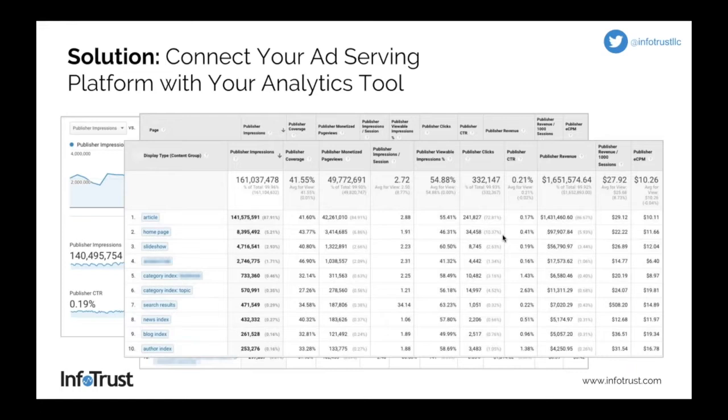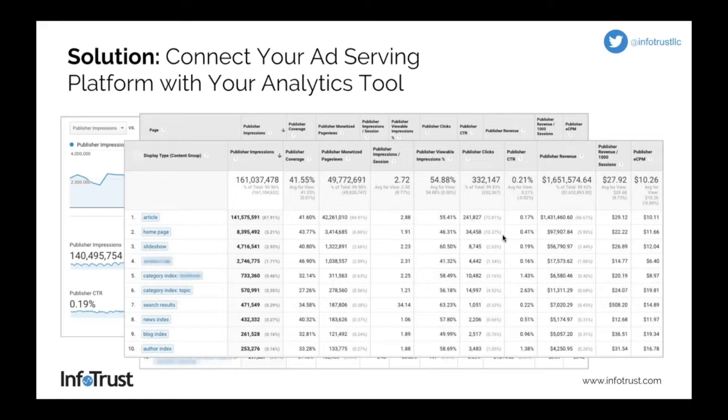Now, if you do have that global architecture that we talked about, collecting things like display type, author, content category, tags, any of these things, you can also break out these DFP reports by those. In this case, we're collecting display type as a content group. You can see we're looking at article versus the homepage versus slideshows versus specific category index pages, search results, the author index, a list of authors, etc. We can compare these across each other and look at what's generating the most.